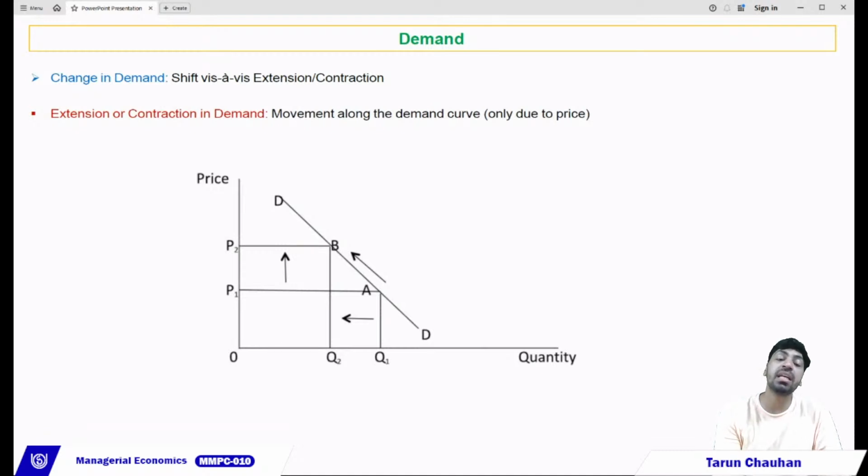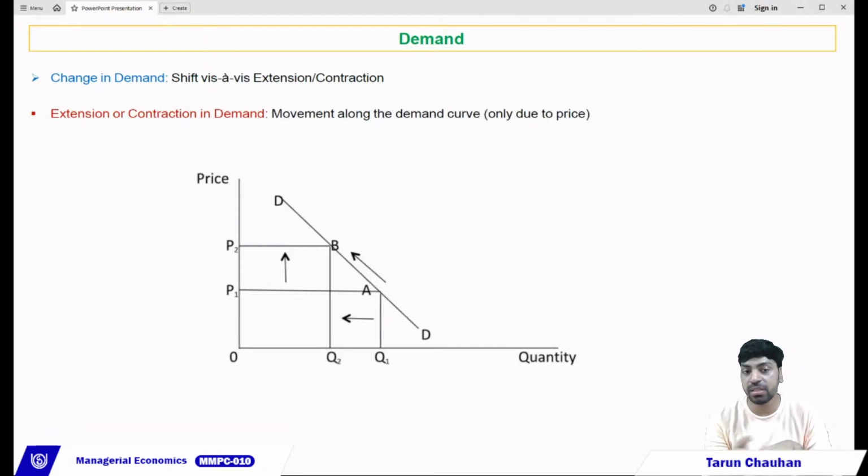If you look at the diagram, when the gap of the increase in price is more than the change in the quantities of the product, it's called contraction. If the decrease in price is more than the change in quantities, there is an extension.